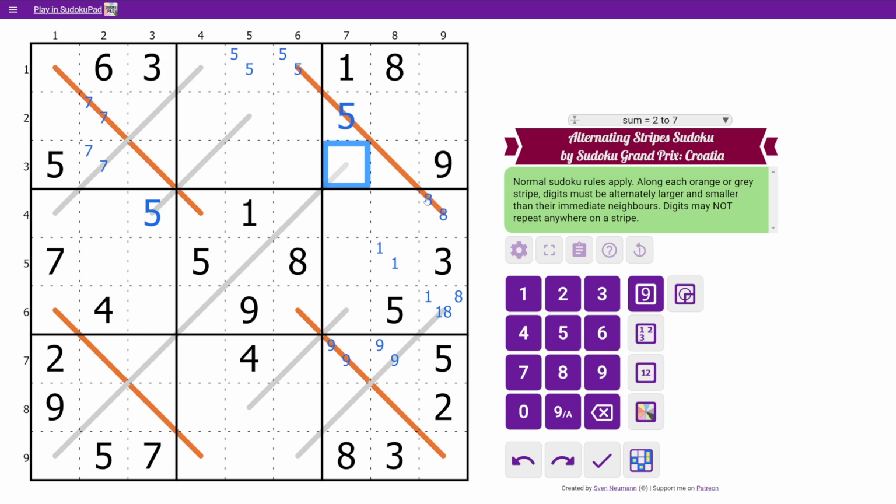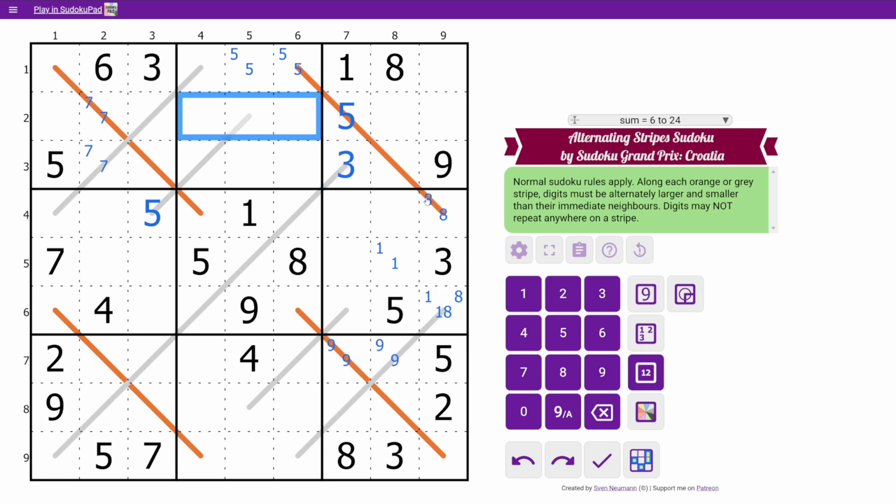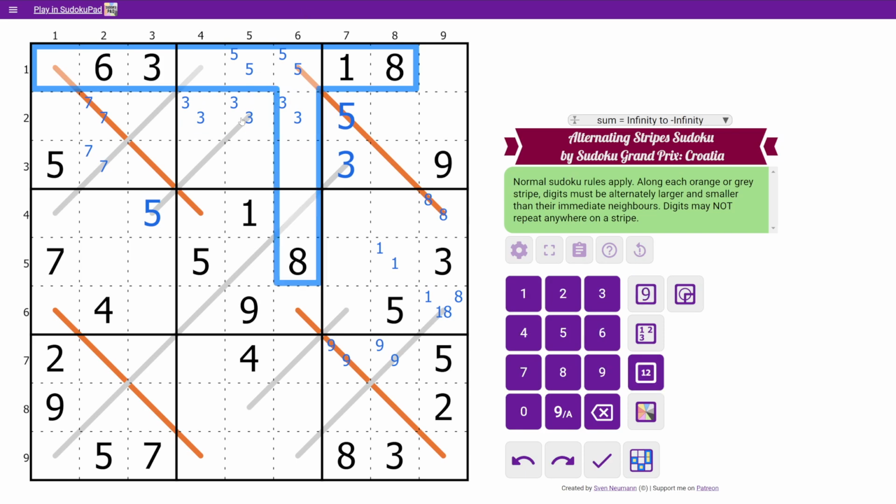Three is going to be there. 3 is going to be on one of these. 8.